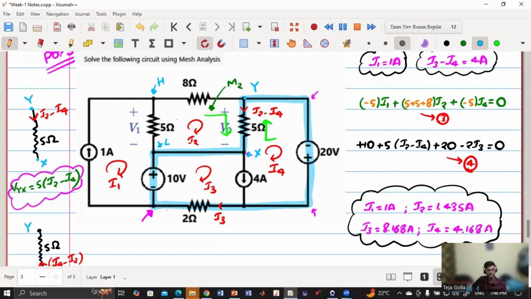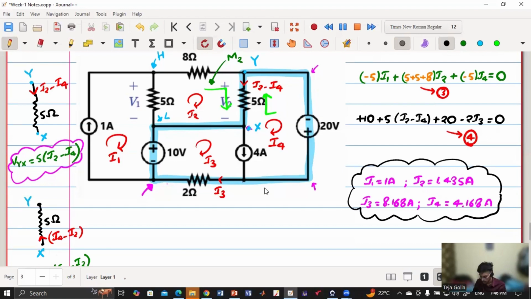Anyone? In terms of I1 and I2. So voltage is 5 into I1 minus... So let me ask you another question.